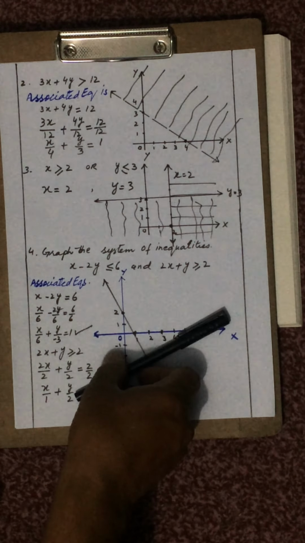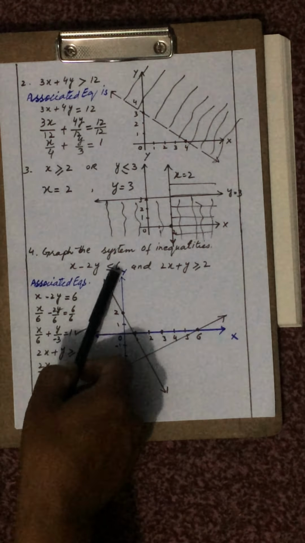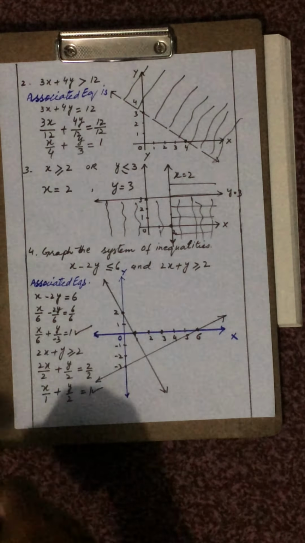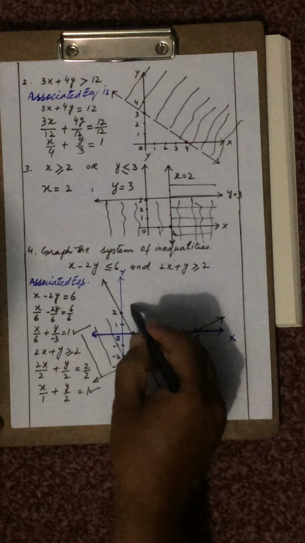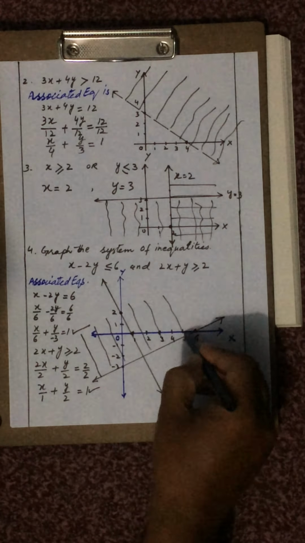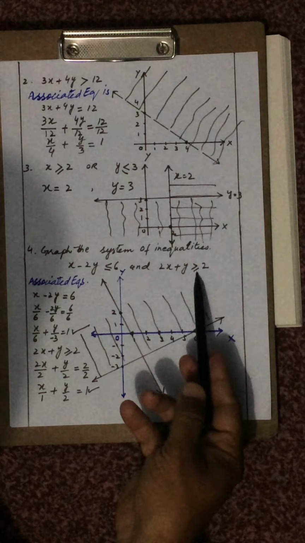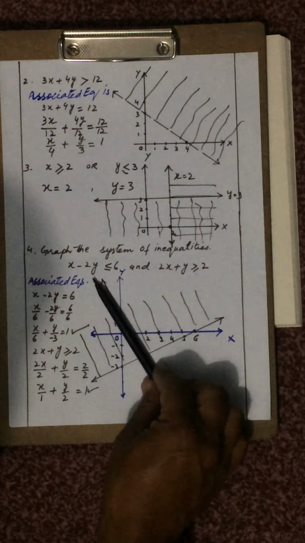So this is the origin side. Whenever there is a less than sign, the graph is on the origin side. So we shade it.